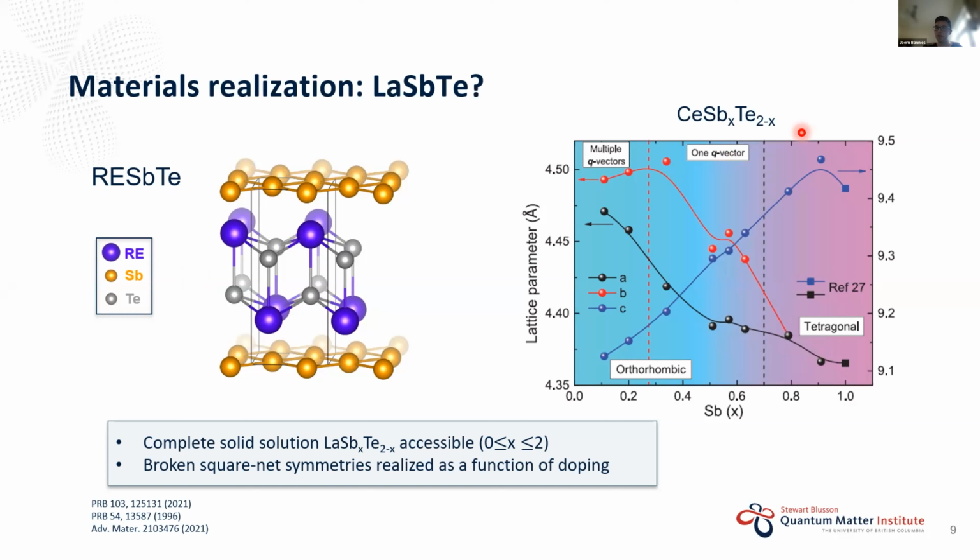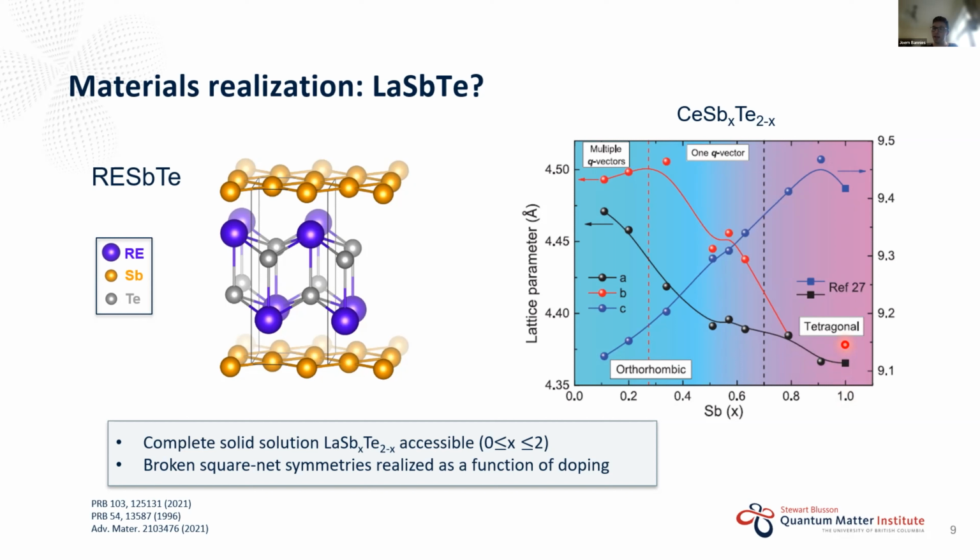For example, if we look into the cerium antimony tellurium system, the first thing to know is we have the option to tune the composition in a very wide range, basically all the way from x equals 0 to x equals 2. And as you can see in this phase diagram, where the lattice parameters are shown as a function of antimony content, close to the ideal 1-to-1 composition in terms of antimony and tellurium, we realize this tetragonal structure that is shown on the left-hand side.